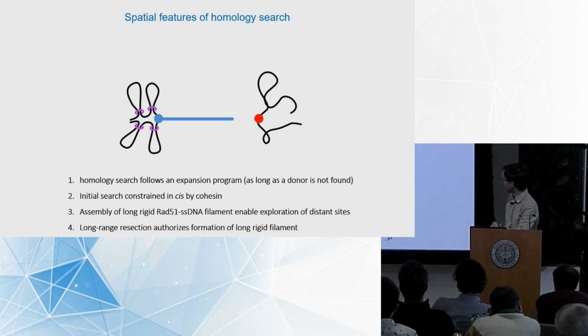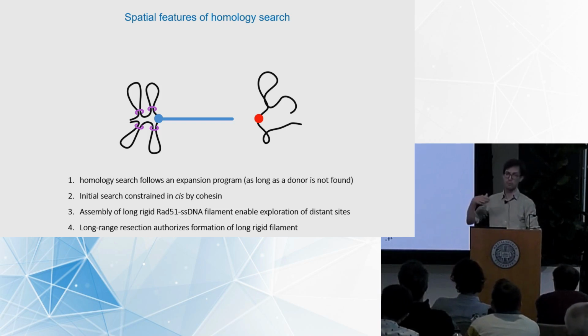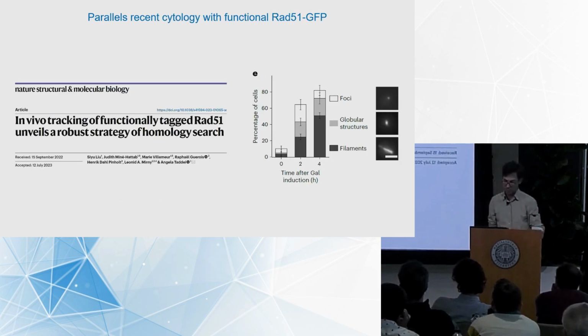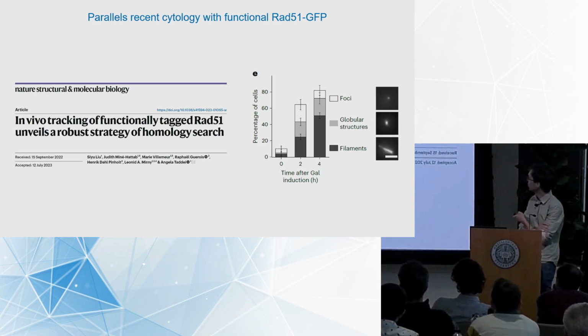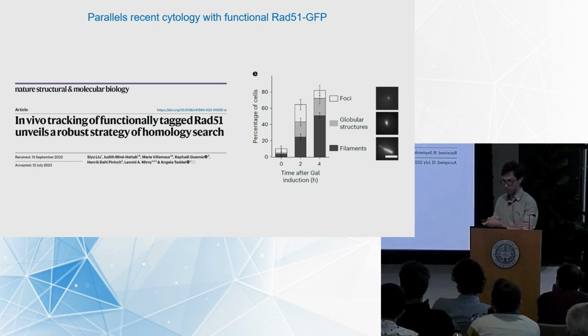This is what I just said, and long-range resection is the engine that allows this transition to happen, because if you cannot resect long-range, you cannot assemble a long filament. So this nicely parallels recent studies by Angela Taddei that use a functional Rad51 GFP-tagged protein, and that could visualize those elongated Rad51 structures in cells that accumulate over time.